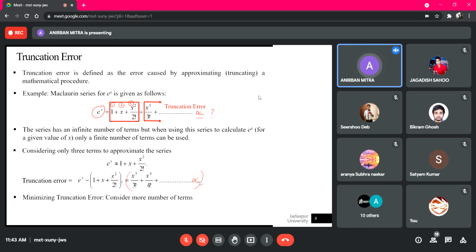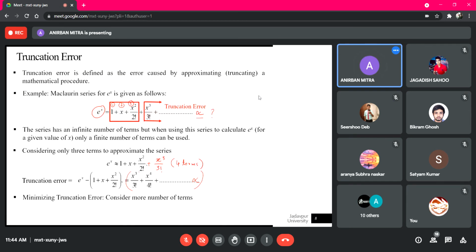Now, how can we minimize this truncation error? Consider more number of terms. We have considered 3 terms in the first approximation. Let us consider 4 terms in the next approximation. So here we have plus x cubed by 3 factorial. So that is the approximation. We have 4 terms instead of 3.